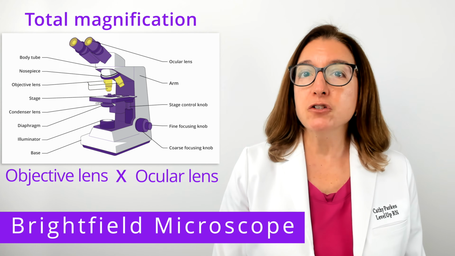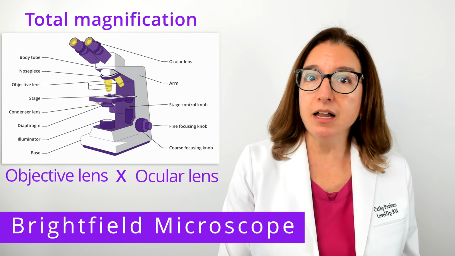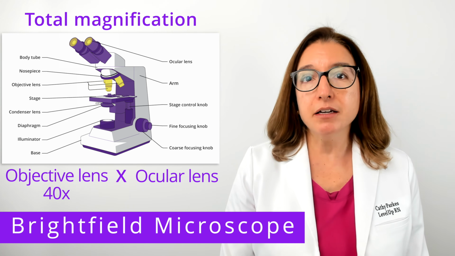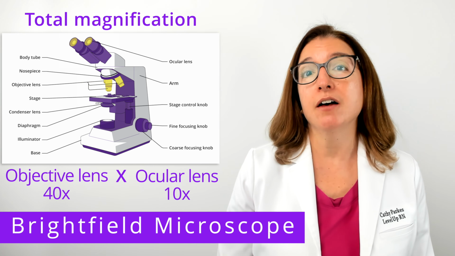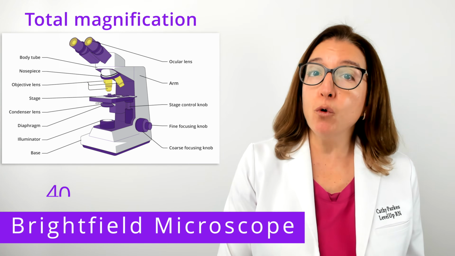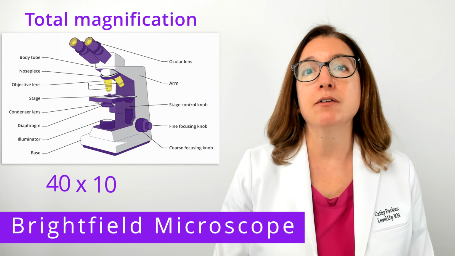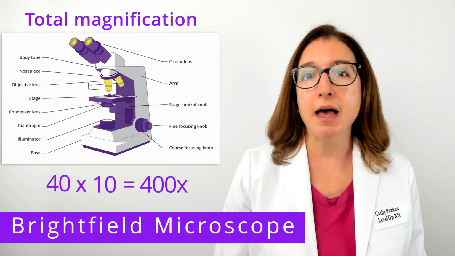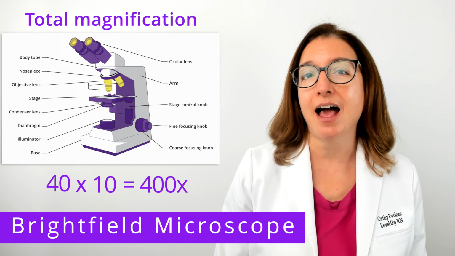So if a microscope has an objective lens with a magnification of 40x and an ocular lens with a magnification of 10x, you would take 40 times 10, and that would give you 400.